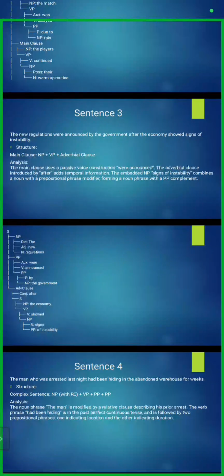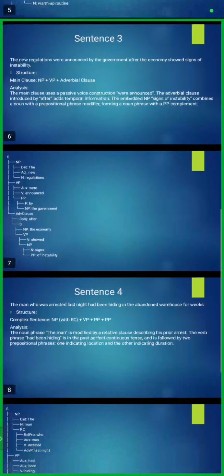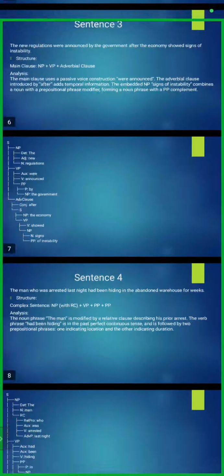The adverbial clause introduced by after adds temporal information. The embedded NP, signs of instability, combines a noun with a prepositional phrase modifier, forming a noun phrase with a PP complement. And this is the diagram from sentence number 3.